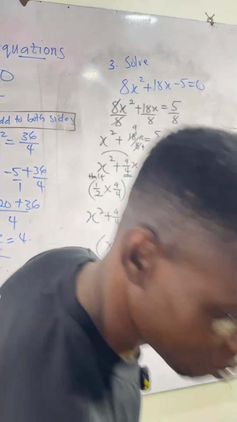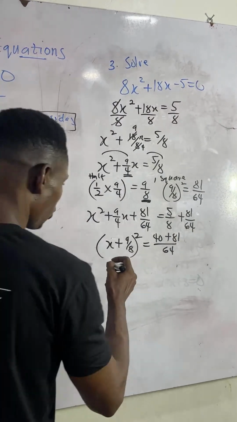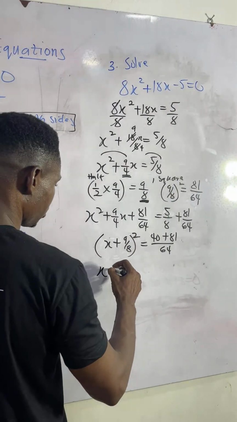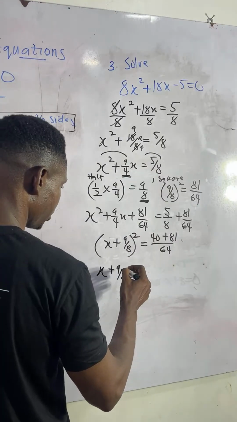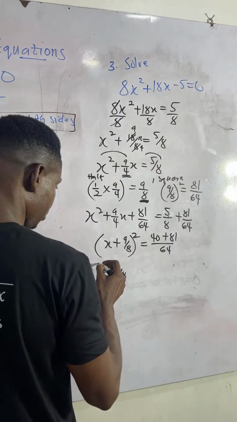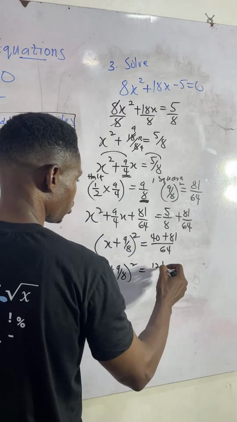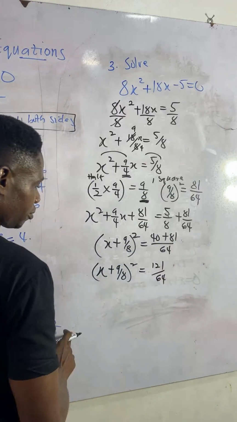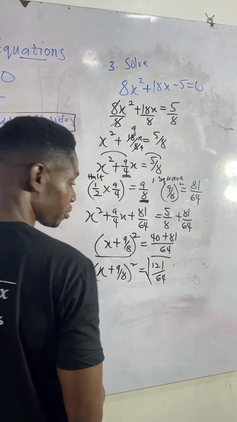Alright, let's proceed. So what we'll have is x plus 9 over 8 squared equal to 121 over 64. Now we can take the square root of both sides.